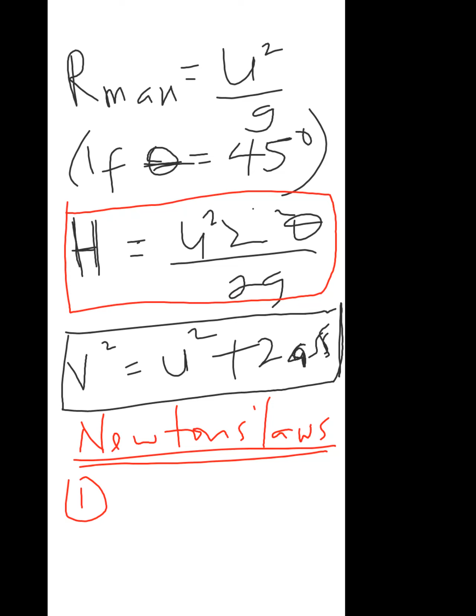I said the first Newton's law of motion says a body will continue in its state of rest or in the state of uniform motion unless it is acted upon by an unbalanced force.